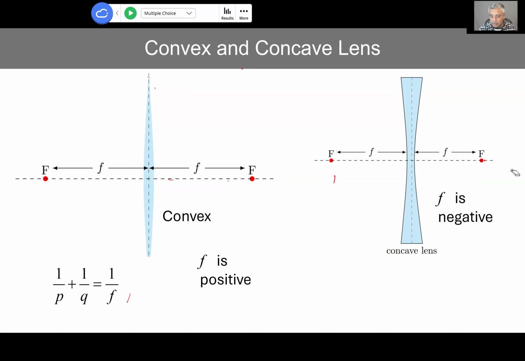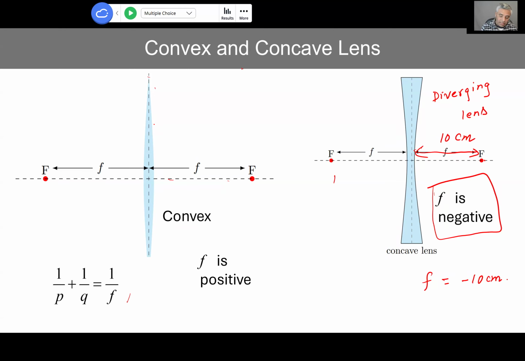And of course, we're going to look at an example here as well. So for the concave lens, or diverging lens, that's why this lens is also called a diverging lens, if this distance, for example, is 10 centimeters, then we say F is negative 10 centimeters.